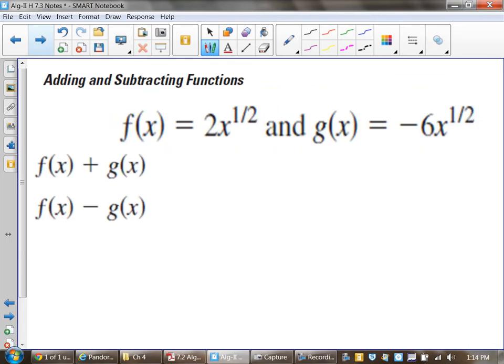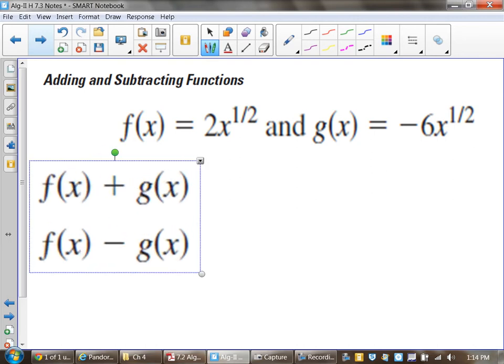As we start to work with some of the other styles, we start to work with the different exponents. But once again, when you're dealing with addition and subtraction, all it is is combining like terms, guys. So my two functions in this case are f of x is 2x to the half, and my g of x equation is negative 6x to the half.